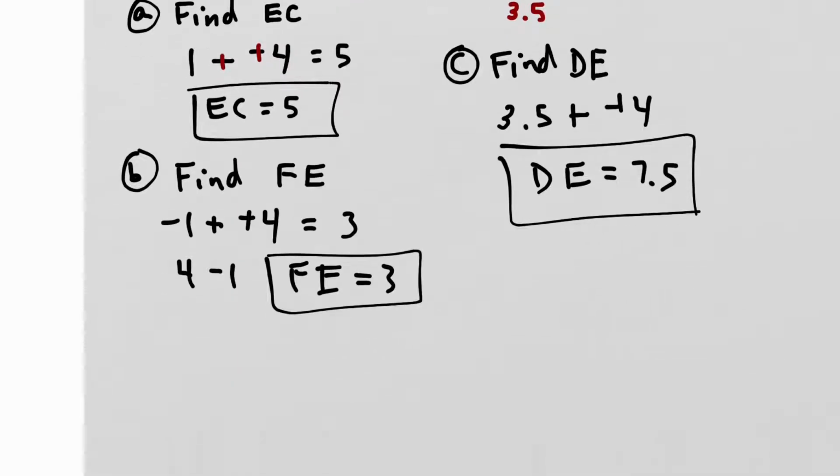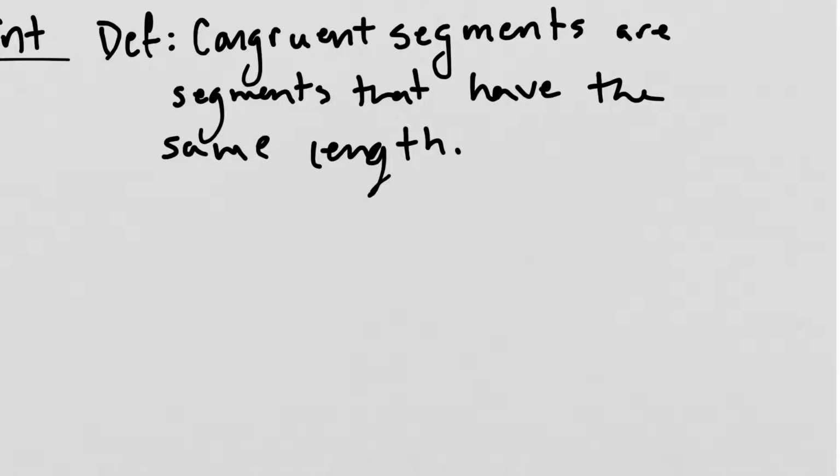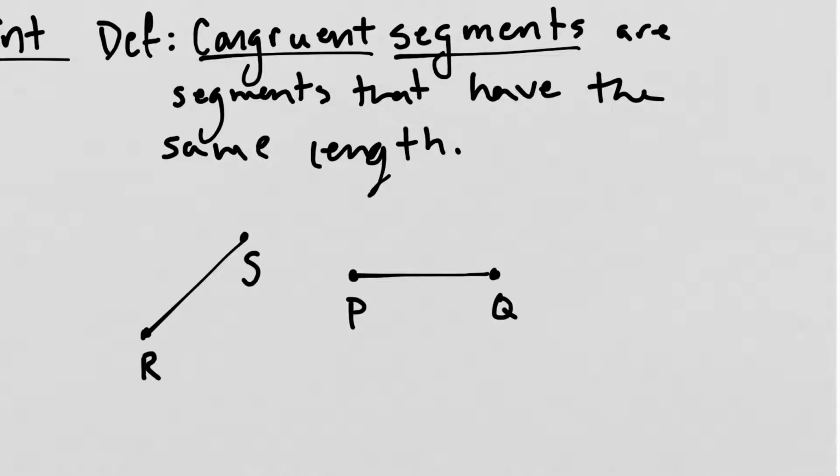We're now going to look at a definition. The definition is congruent segments. Congruent segments are segments that have the same length. So I could represent that by saying, okay, if they are the same length, I could put a little tick mark.